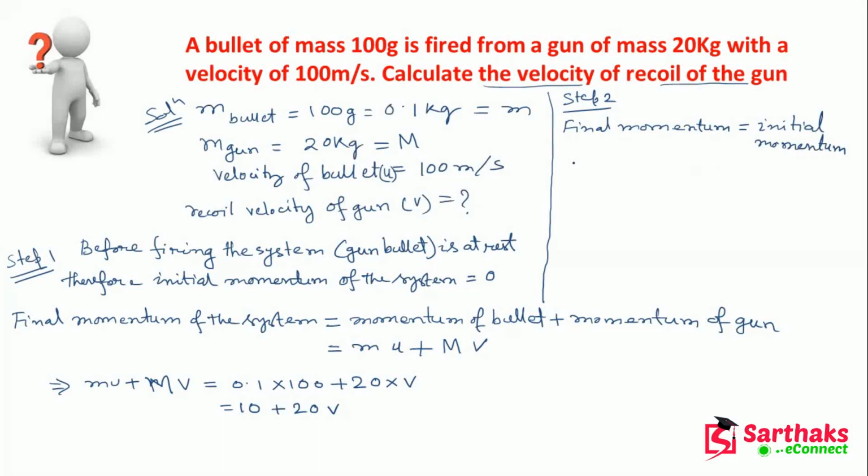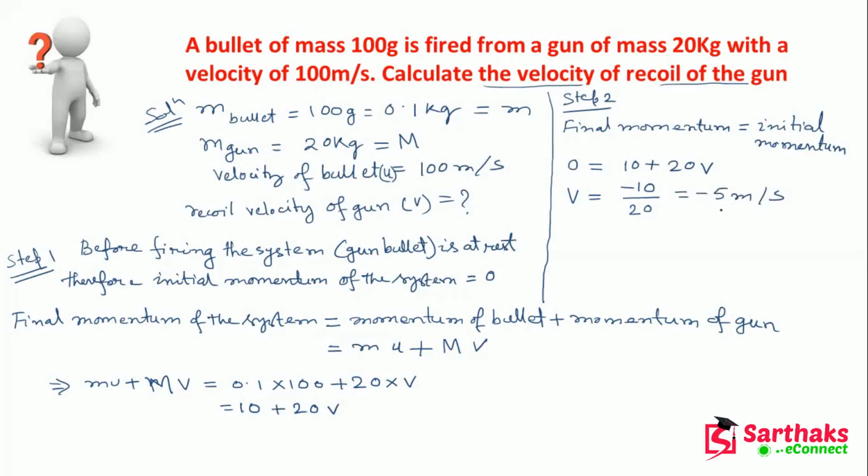That means 0 equals 10 plus 20 into v. So v equals nothing but minus 10 divided by 20, or minus 0.5 meter per second.